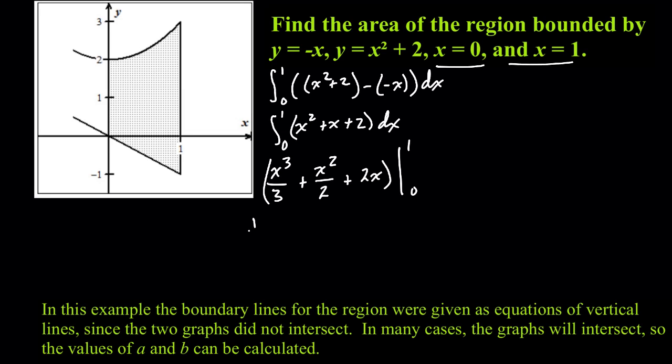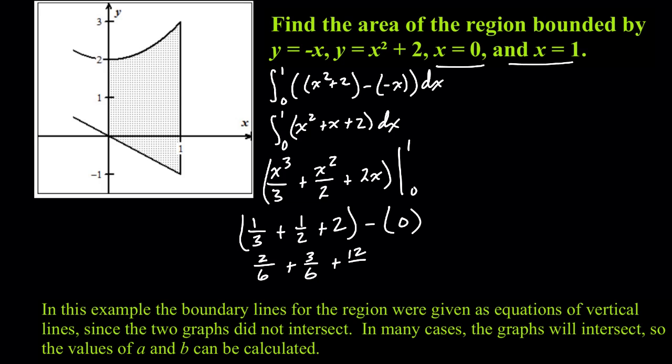So substituting 1, you're going to get 1/3 plus 1/2 plus 2 minus, and then substituting 0 in, all three of your terms will be 0. All right, so what this gives you then will be 2/6 plus 3/6 plus 12/6, which is 17/6.